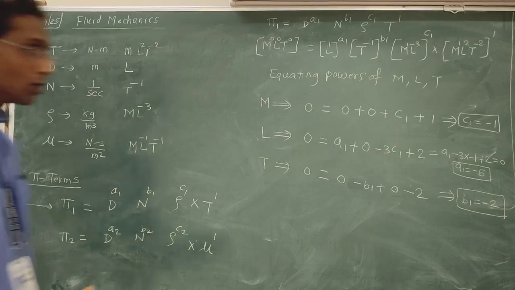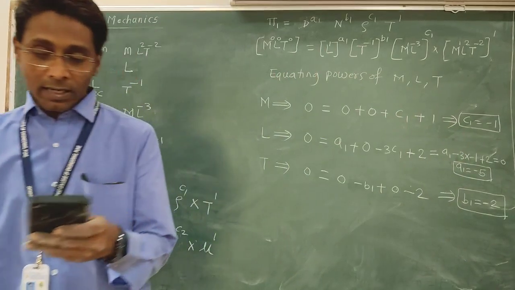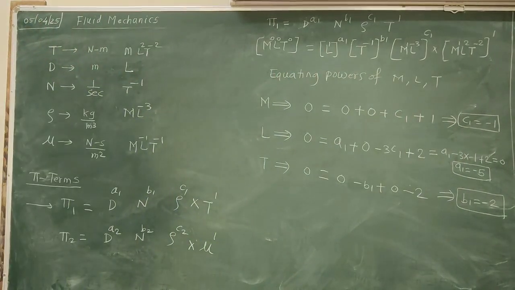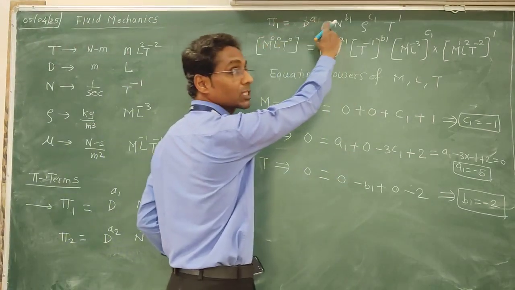So we got the values of A1, B1, C1. After getting these values, what do we have to do? We have to put these values again into the base form.